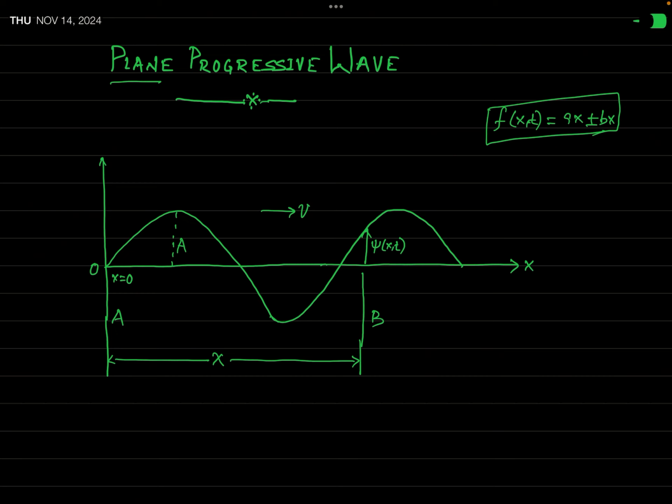The function of x and t, where x is the position or space coordinate and t is the time coordinate, and a and b in this expression are constants. So if f(x,t) is in this form, a function of ax plus or minus bt, then such a function represents a progressive wave.